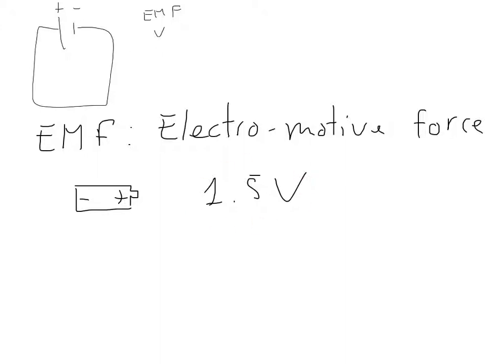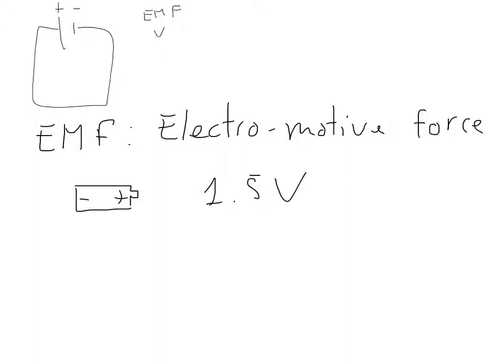Okay. Now what happens is that if I have a circuit like this one, even though the EMF of the battery may be 1.5 volts, in practice, if I measure the potential difference between here and here, I'm going to get less. And the reason I'm going to get less is that just inside the battery, there's some friction for the electrons. So some of this energy that this thing is in theory giving my electrons is lost. Therefore, the EMF of the battery is not the same as the potential difference between its two sides, because some of this energy that it's giving me in theory is lost because of friction.